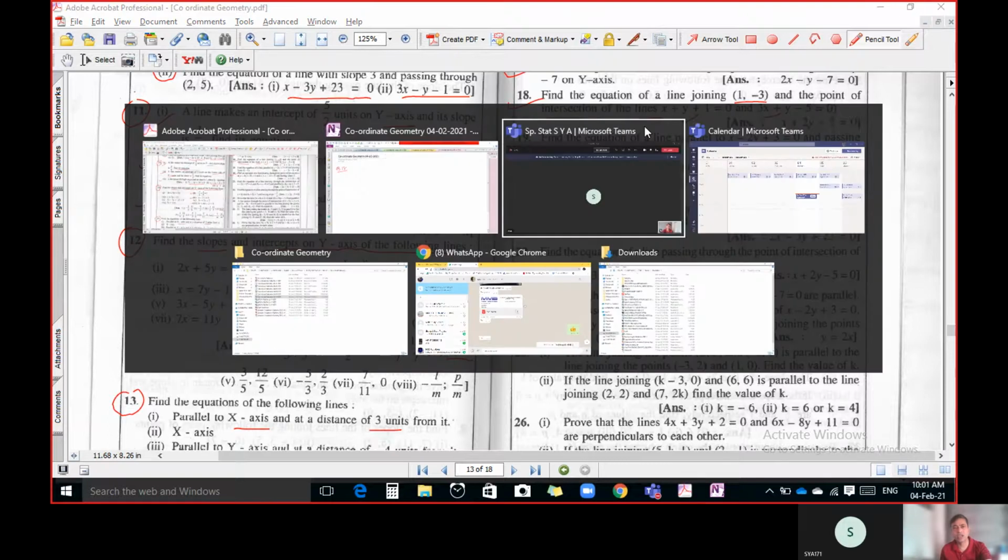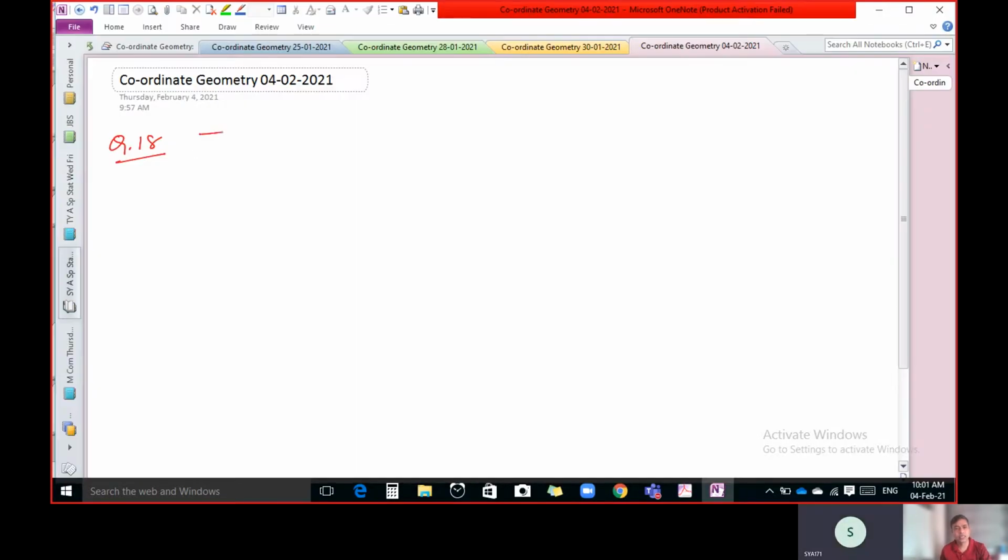What is an intersecting point? If there are two lines, then the point where they meet is known as the intersecting point.